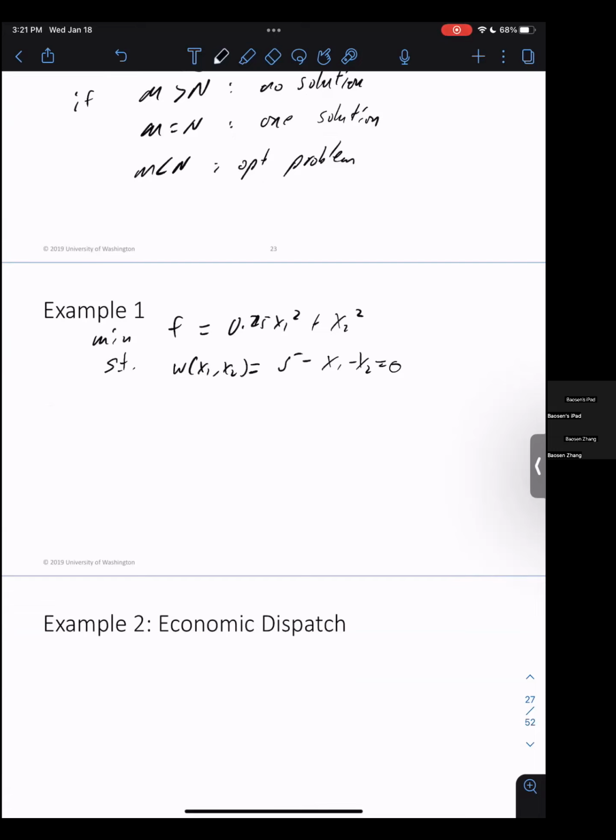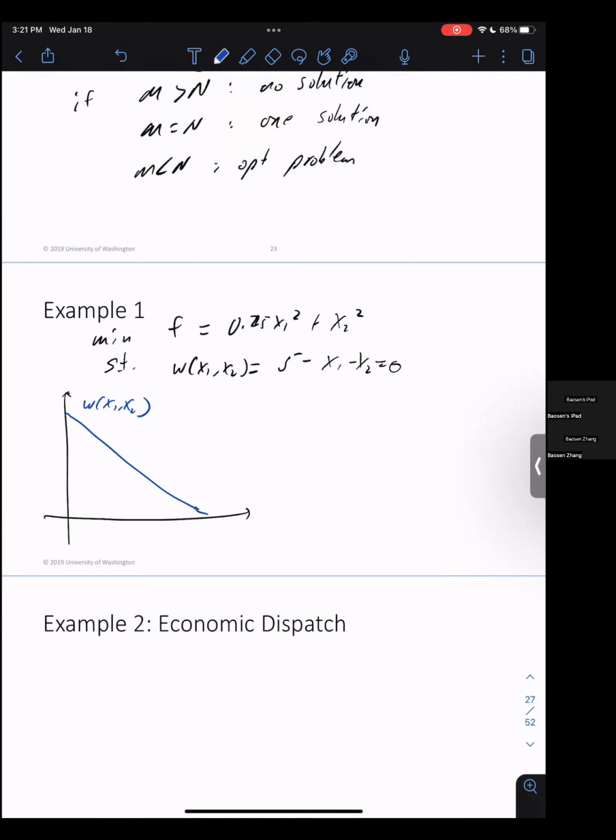Geometrically, what does this look like? Your x1, x2 has to satisfy this equation. So this constraint tells you that you have to be on this line, and you move x1, x2 along this line to figure out what minimizes the cost, the objective function.